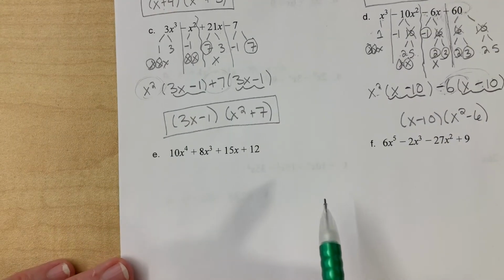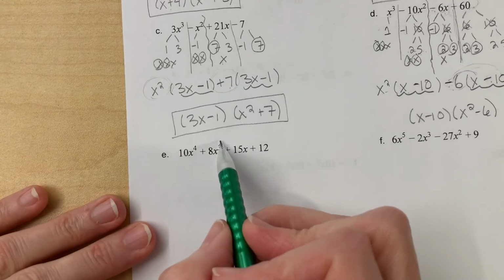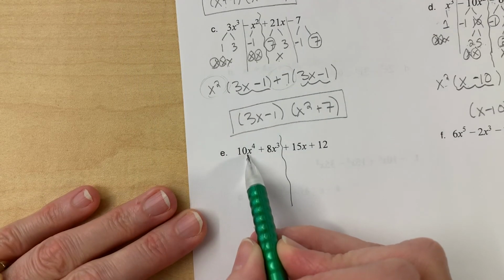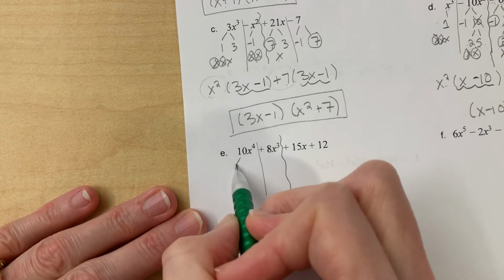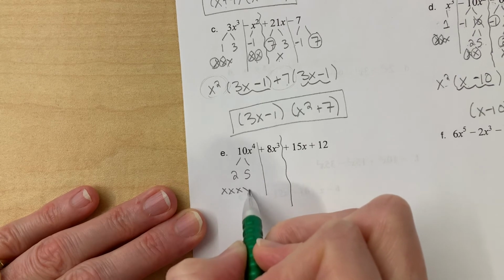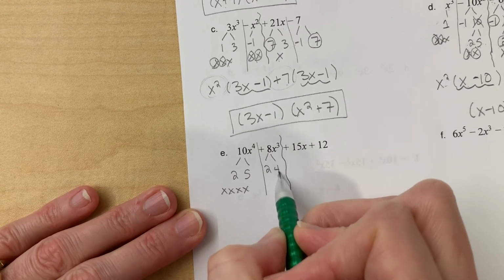This one's got all pluses, so it should not be too bad. So, split it in half. Ooh, it's got a lot of x's. That's okay. So 10 is going to be 2 and 5 and 4 x's. 8 is going to be 2 and 4.